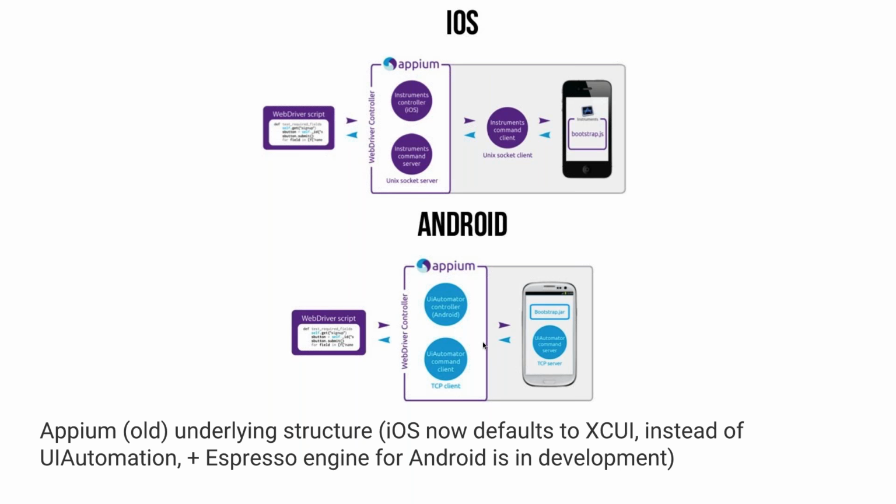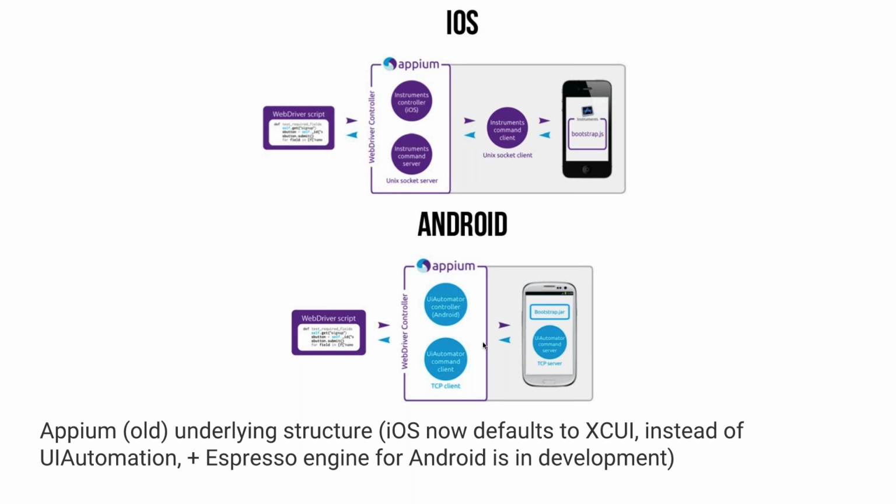With iOS, with UI automation, it was a little different. Basically, UI automation is based on JavaScript. So the code that ran on the device was something that just read JavaScript from the command line, kind of, and executed that on the device.